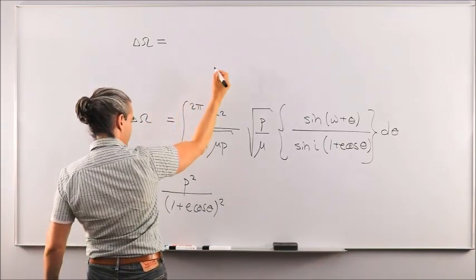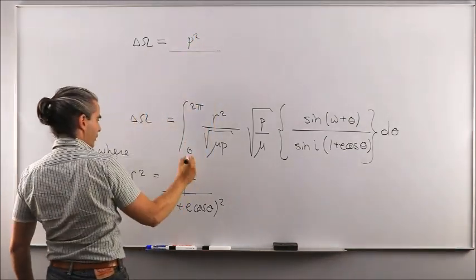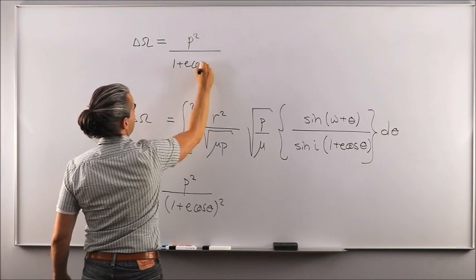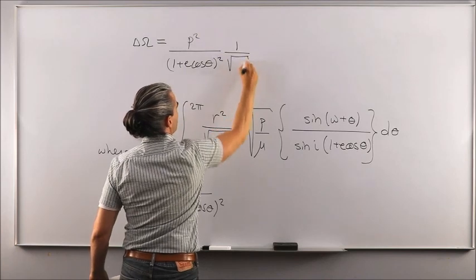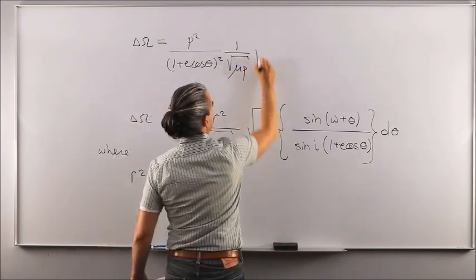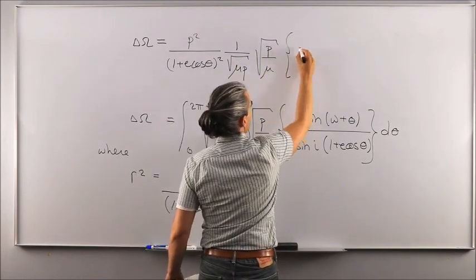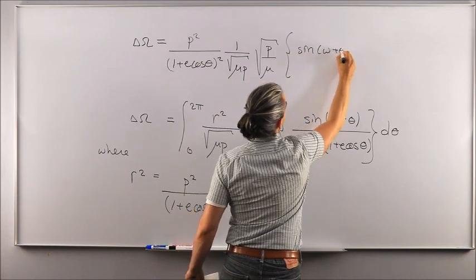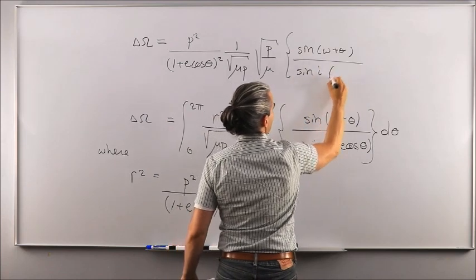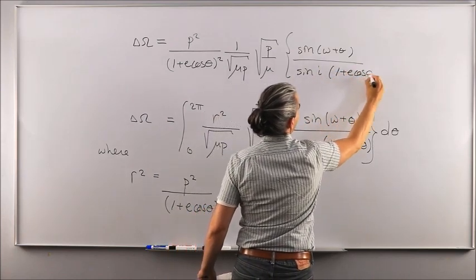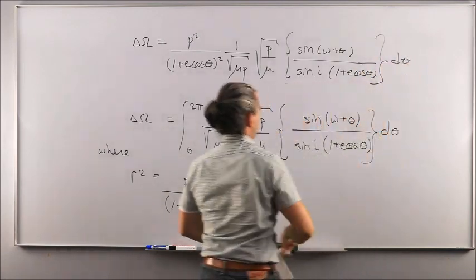It's going to be equal to p squared over (1 plus e cos theta) squared, times 1 over square root of mu p, times square root of p over mu, open the bracket, sine of omega plus theta over sine i times (1 plus e cos theta), close the bracket, and d theta.